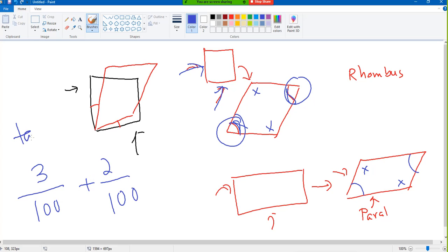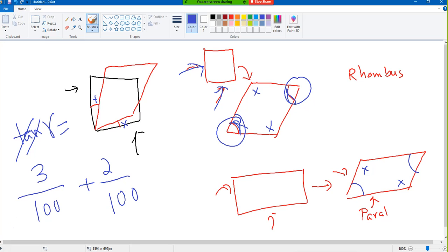That is my tan phi. The total is the sum of this and this. Now I can easily discard tan because it is very small. It will be in radian, it will be the same value.